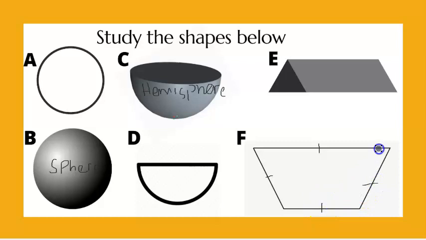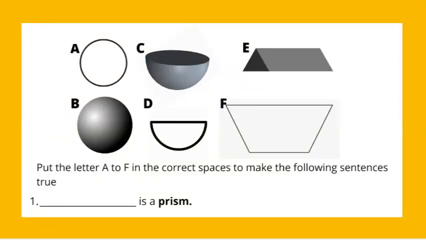It has 4 angles, 1, 2, 3, 4. But the thing about this trapezium is that some sides are equal and this other side is not equal to this. So let's go straight to our question.